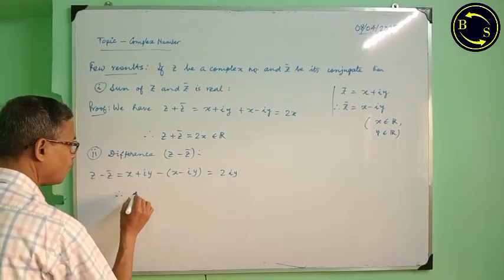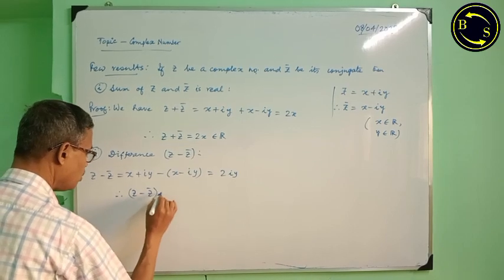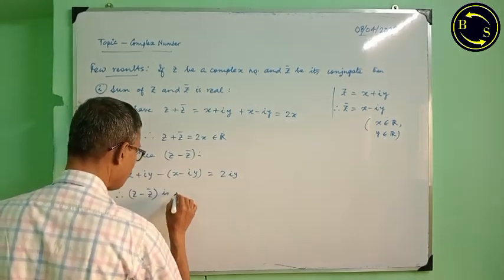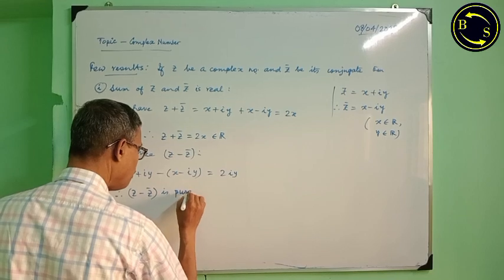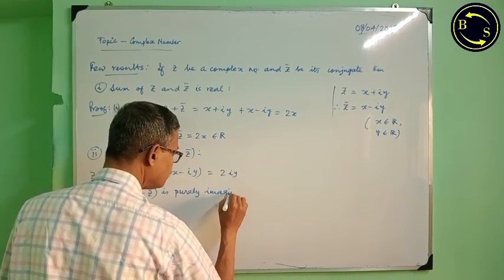Therefore, z minus z bar is purely imaginary.